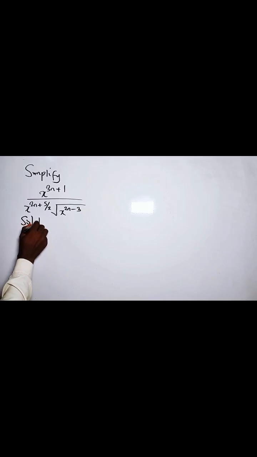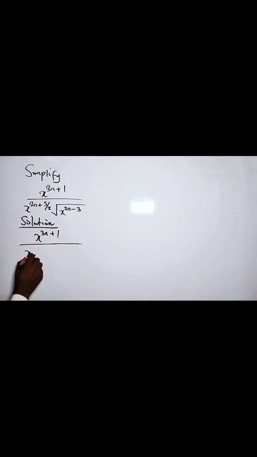Solution. Okay, so for x to the power 3n plus 1 over x to the power 2n plus 5 over 2, times the square root of x to the power 2n minus 3.